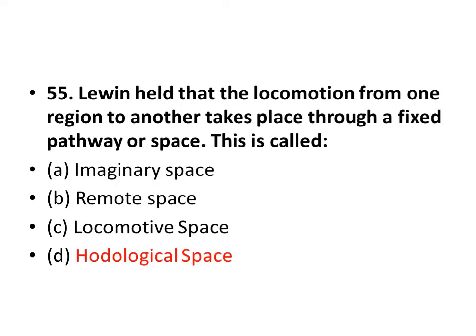Lewin held that locomotion from one region to another takes place through a fixed pathway or space. This is called hodological space. So what is hodological space? Hodological is a Greek word meaning a way, and refers to the space of possible movement.